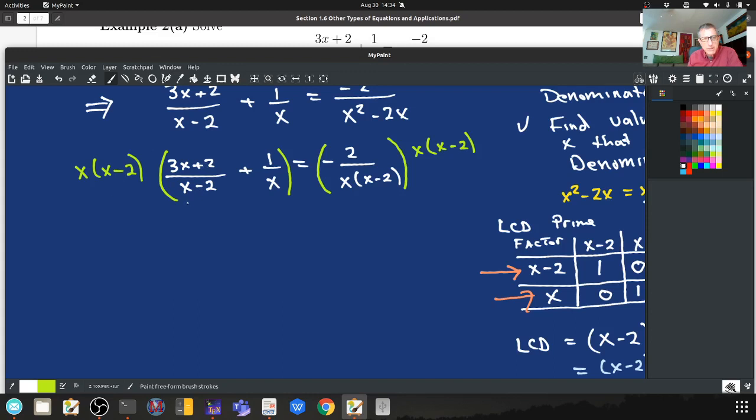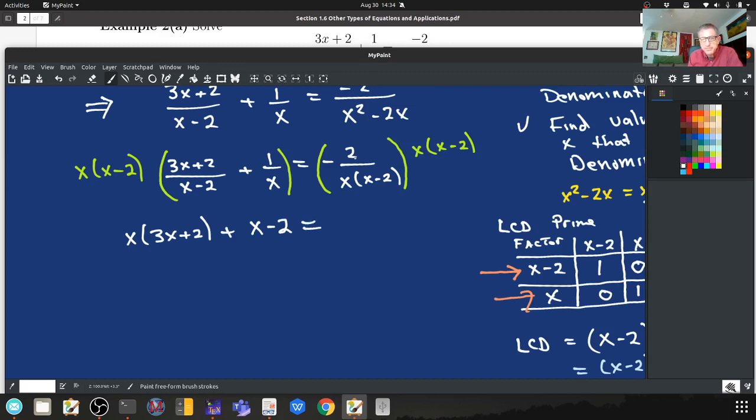Well, the x minus 2 terms cancel, and I'm left with x times 3x plus 2. That has to be put in parentheses. So x times x minus 2 times 1 over x. Well, the x's cancel now, so I'm left with x minus 2 times 1, which is just x minus 2. You can put that in parentheses if you want, but it doesn't matter.